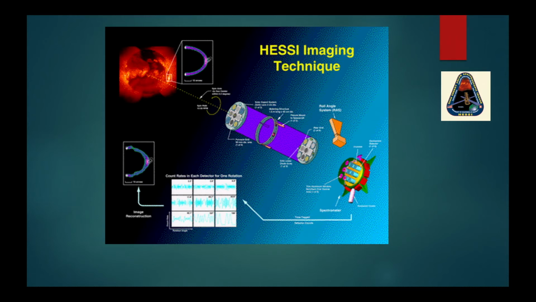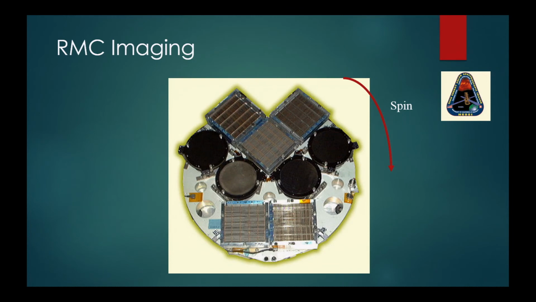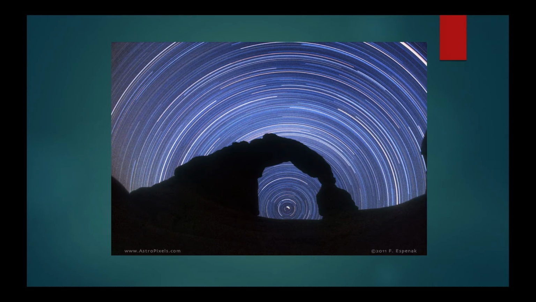Let me illustrate this. The simplest way to look at this is not to think of the spacecraft rotating, but to think of, if you're a bug on the spacecraft sitting still, it appears to you that the whole universe is spinning around the spacecraft in the opposite direction, much as when you go to the South Pole and North Pole and look at the stars in the sky, sure, looks like they're spinning around in circles.